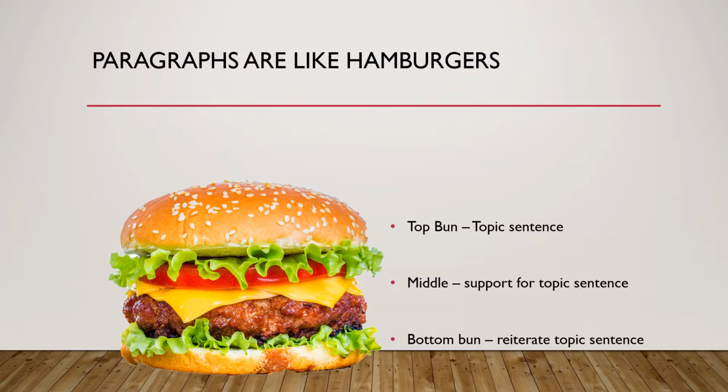It is the first thing that you do: write a topic sentence. And then the condiments and the patty and everything in the middle, those are all the support you have for your topic sentence. And then you have to have a bottom bun, which is a last sentence, which is meant to reiterate the topic sentence. So let's go into these in more detail.